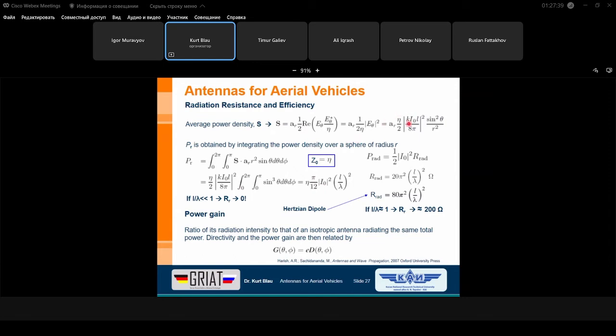And we know the expressions, in case of the Hertzian dipole, from the formula before. You find it here again. This is eta, our wave impedance.